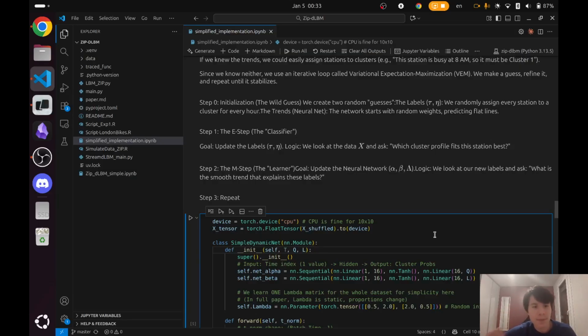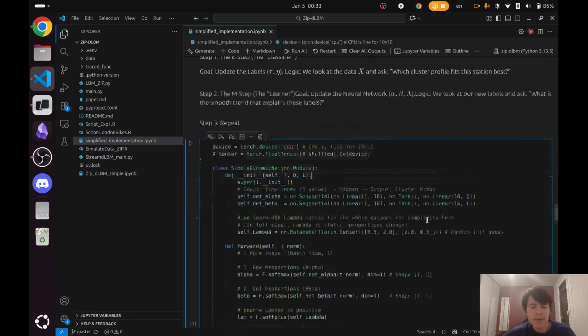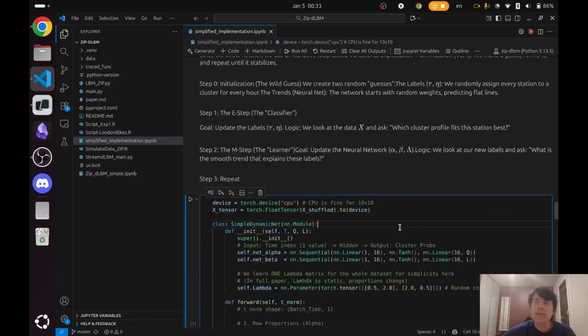So it estimates the parameters of the block Poisson distribution. And the second component is called the E step, the variational step, which essentially is assigning a probability of how much probability this node has of belonging to this cluster at time t.